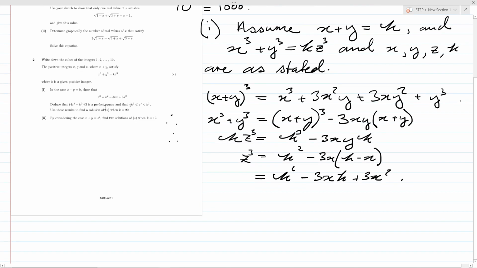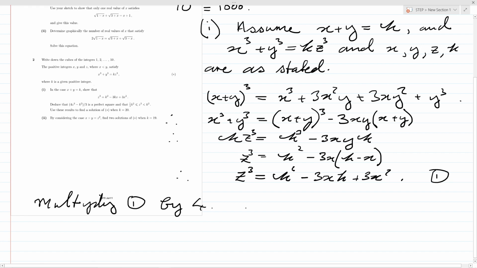So we've got here z cubed, but we have to show that this is a perfect square. Now, I know that there's 4z cubed, so I'm going to multiply this last expression here by 4. I'm going to call this 1. Multiply 1 by 4.